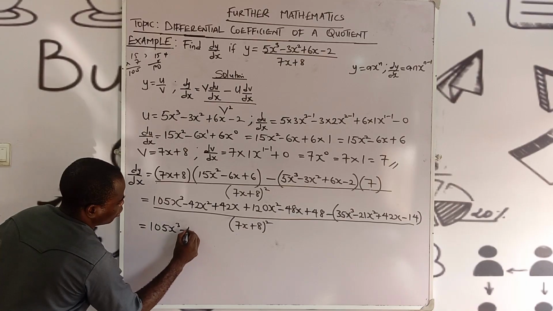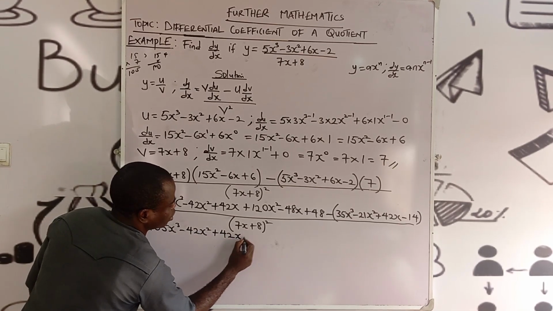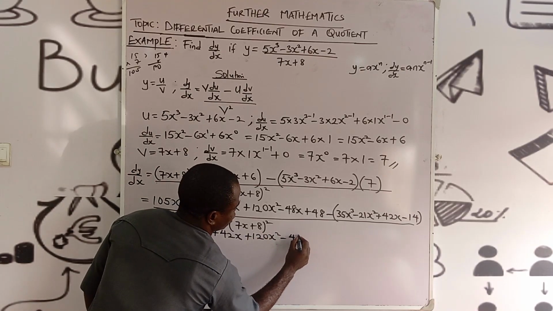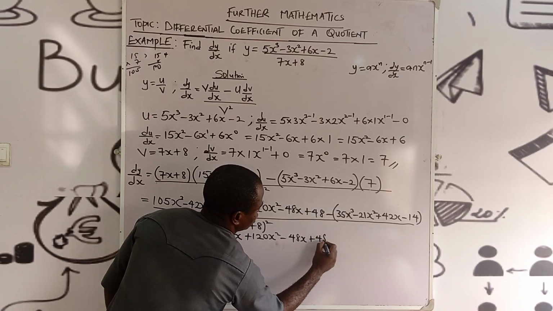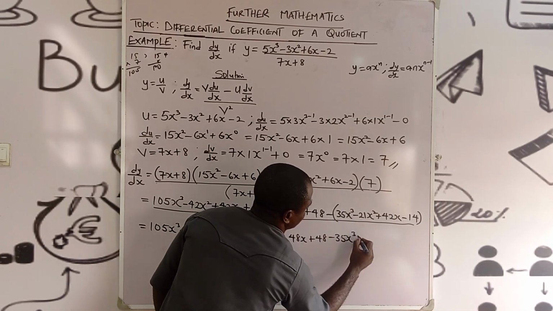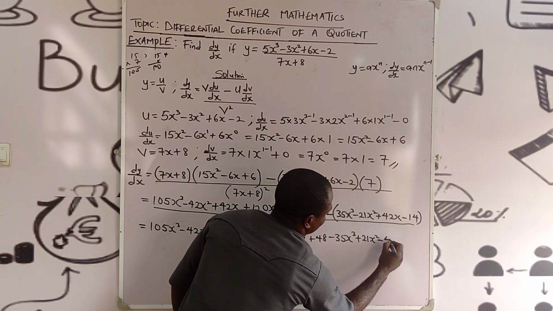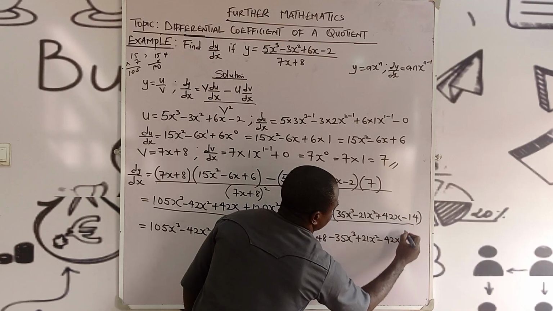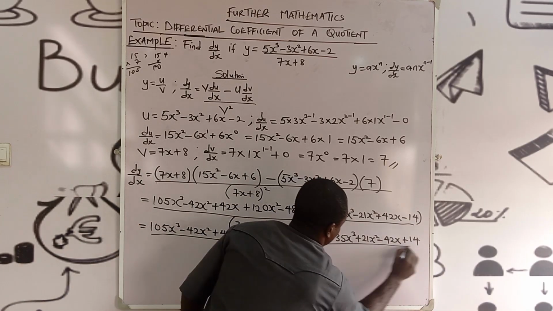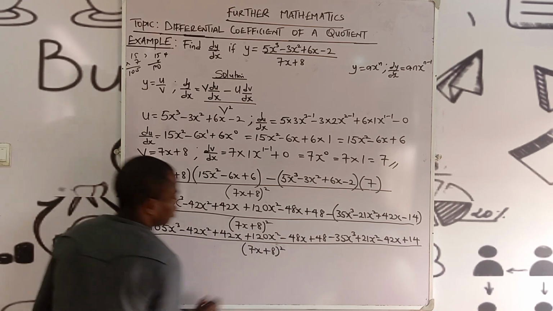105x raised to power 3 minus 42x squared plus 42x plus 120x squared minus 48x plus 48 minus 35x raised to power 3. Negative and negative, plus 21x squared. Negative and positive, minus 42x. Negative and negative, plus 14, over 7x plus 8 squared.